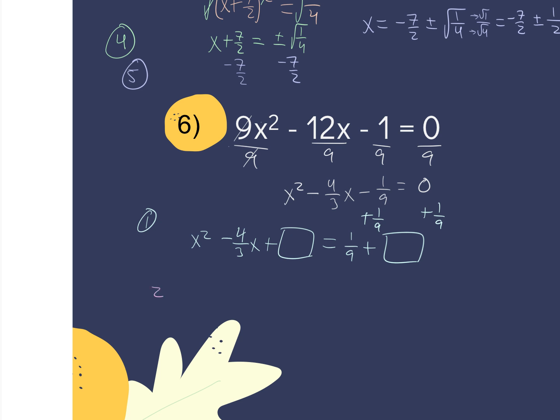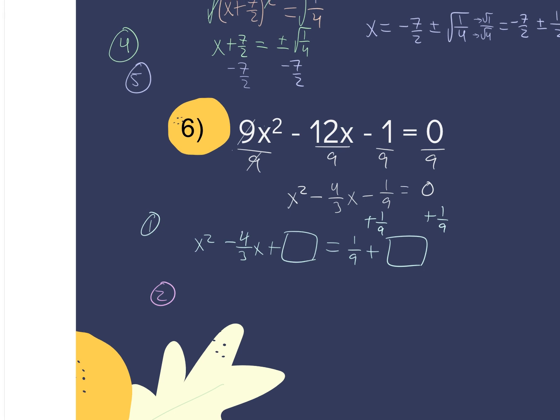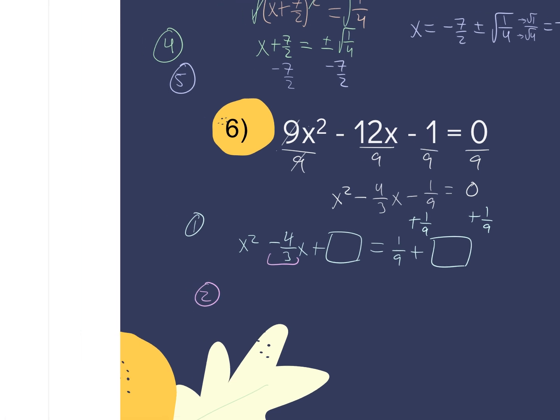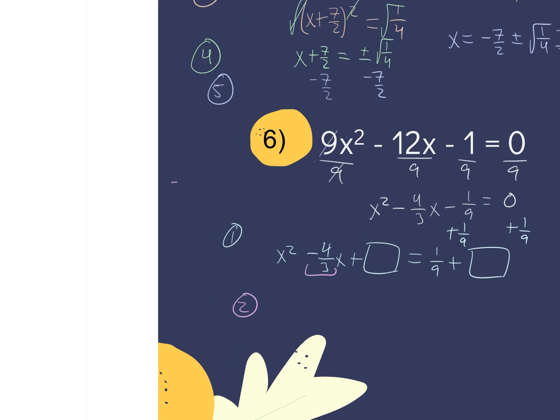All right, the second thing you want to do is add b over 2 squared to both sides. In this case, b is negative 4 over 3. So negative 4 over 3, divided by 2. If you divide by 2, you're going to have to keep, change, flip, since you'll have a fraction divided by a whole number.